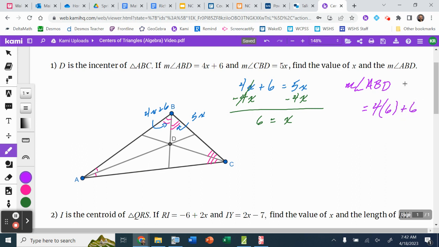So 4 times 6 is 24, plus another 6 gives us that the measure of angle ABD is 30 degrees.